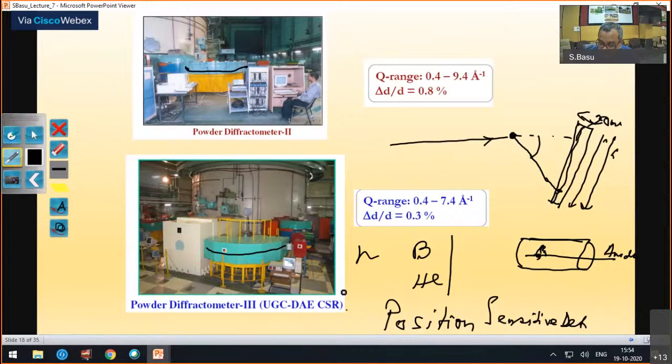Powder diffraction data is the most common target for most researchers. As I told you, if you have a magnetic sample in which you are interested in knowing the magnetic structure, then you will be using one of these diffractometers, as I showed you, using this Q range.